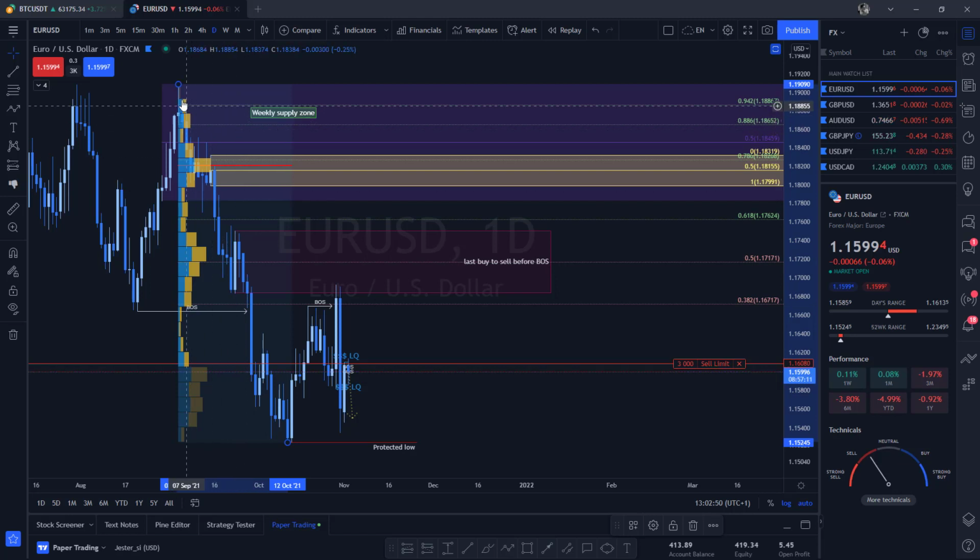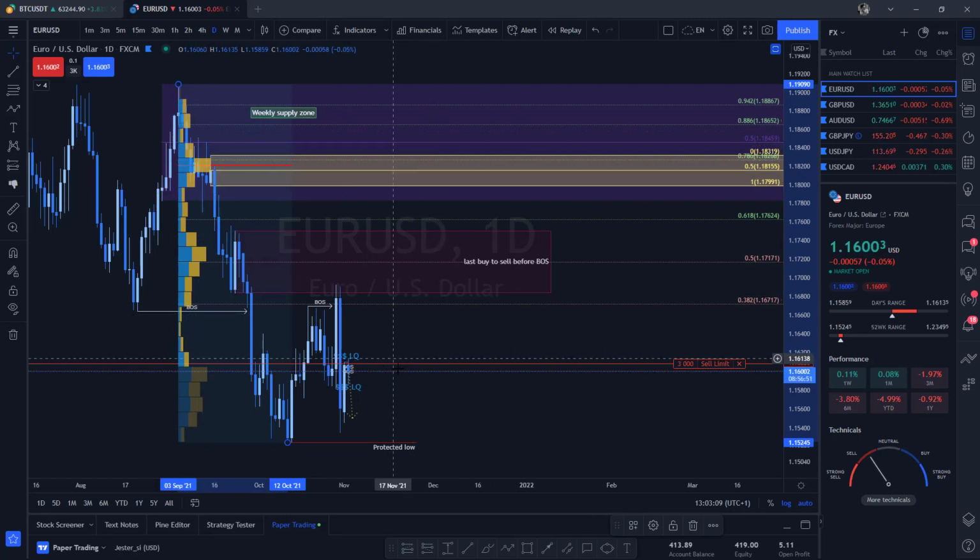And so there were three, let's say, this area here with a lot of volume, this area here with a lot of volume, and this up here.